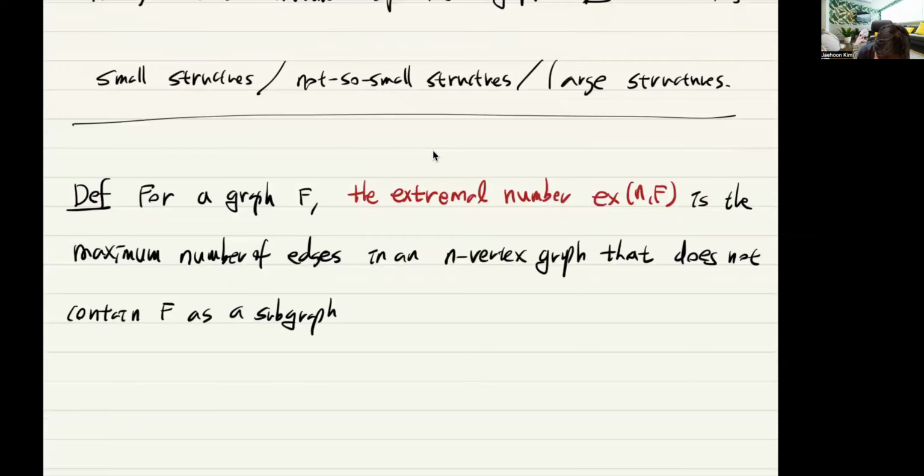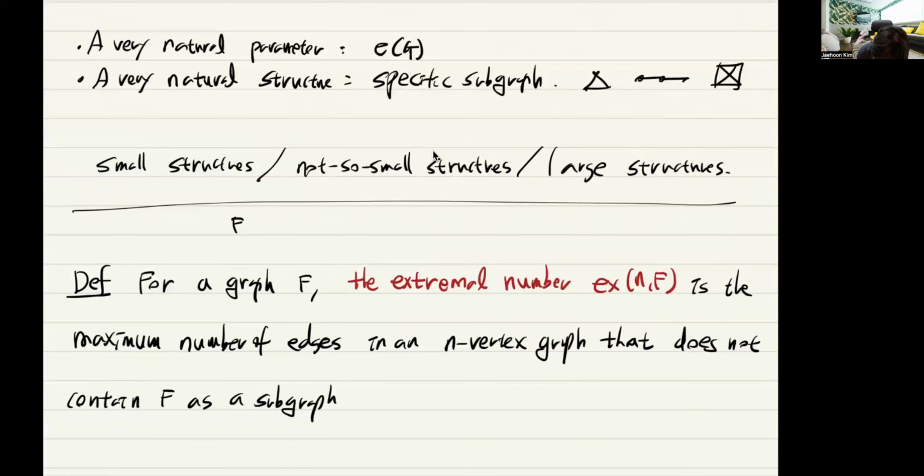Oftentimes, when we want to find F inside of G, we say that G is the host graph, the structure that we are looking in, and we say F is the guest graph. We want to find this inside of here.